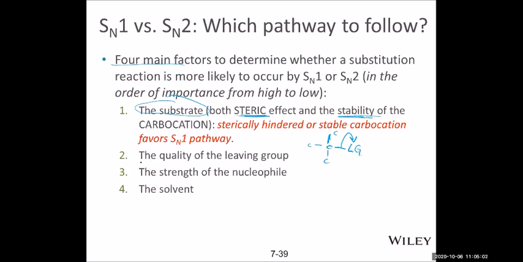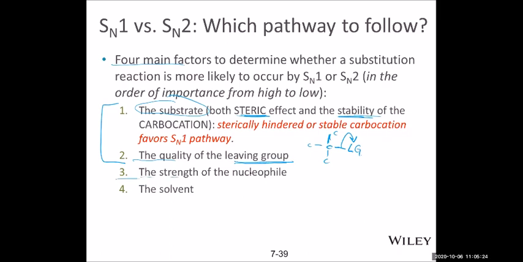And the second topic is actually still relevant to the substrate: the leaving group. Is the leaving group easy to dissociate or not? We see that water is a much better leaving group than the OH group. And then the strength of the nucleophile.